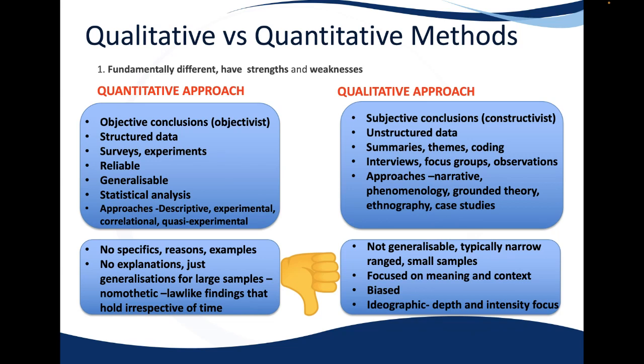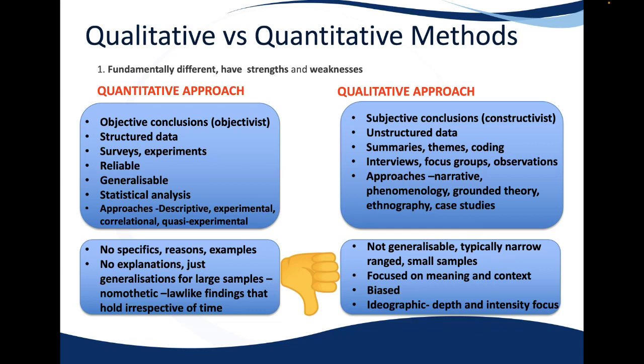This material should not be brand new to you. It should be us revisiting information that you already know. So here are some of the characteristics of quantitatively based research.